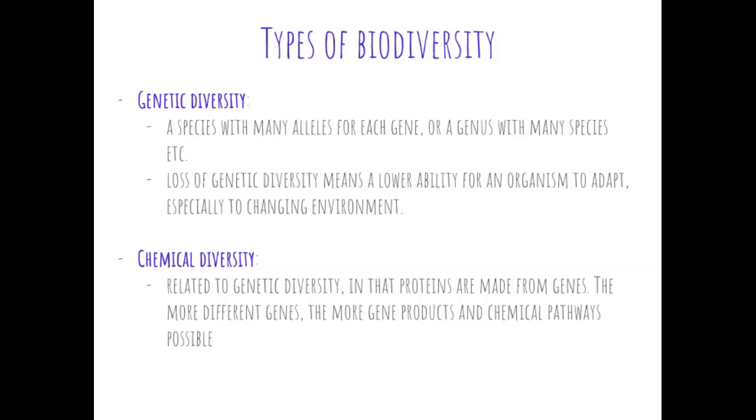Chemical diversity is another type of biodiversity, and it's related to genetic diversity. So this would be a type of diversity that's related to the proteins that are made from genes. The more different genes you have, the more gene products and chemical pathways that are possible.